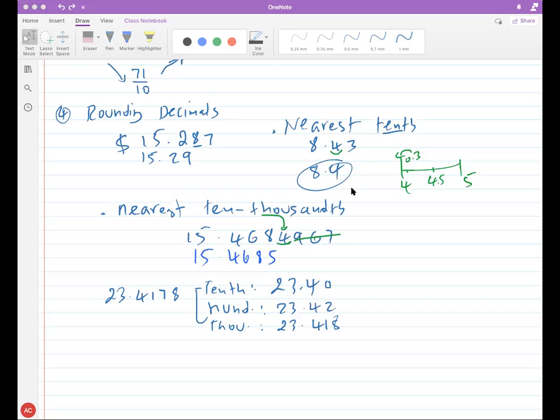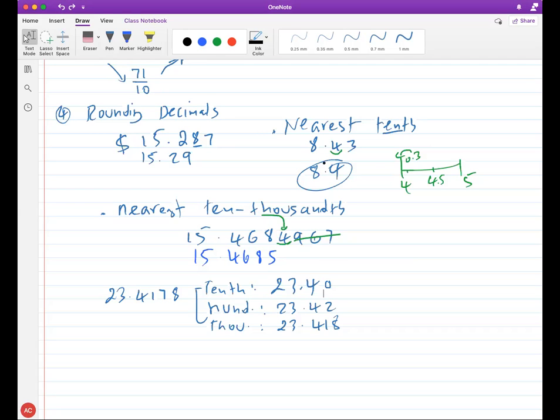Yep, that's pretty much the whole thing for today about decimals. We still have other things to learn about decimals, including addition, subtraction, multiplication, division, maybe even the order of operations, but we'll leave those for another day. This should be enough for today.